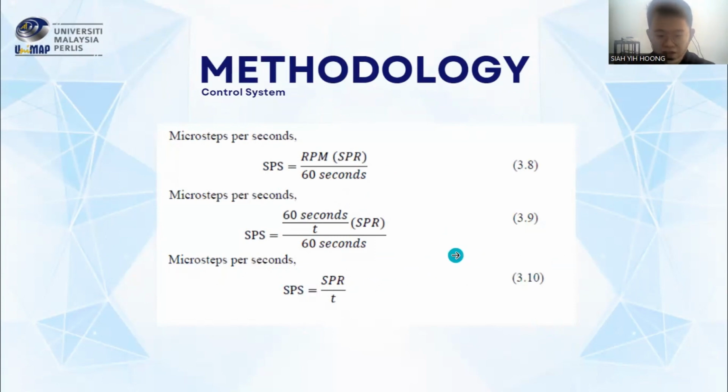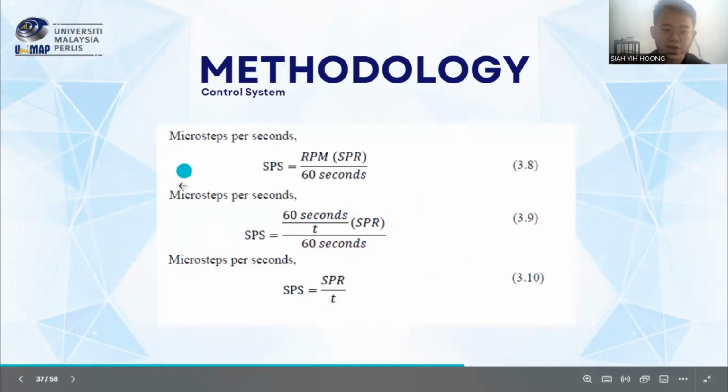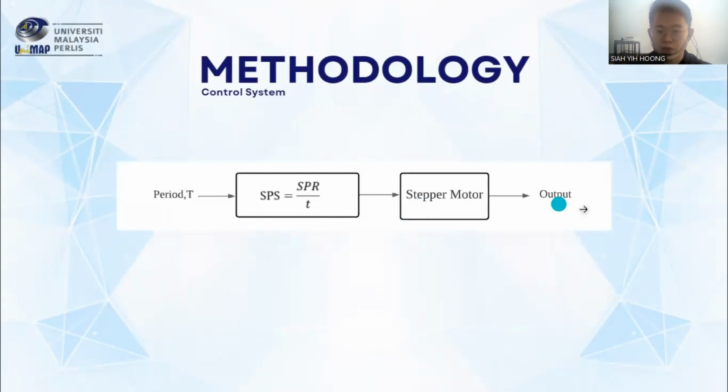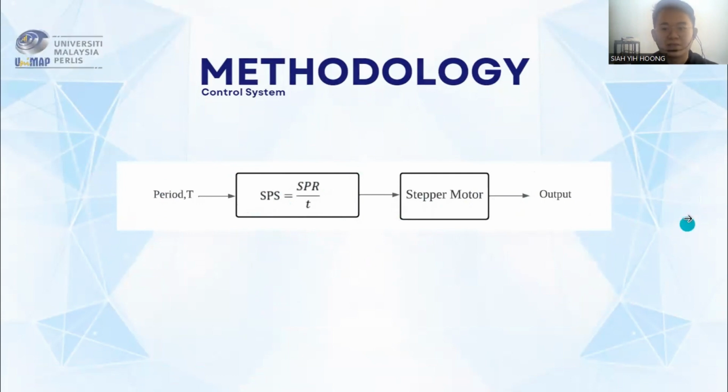However, we want to control it by setting how many periods the patient is breathing. So we have to derive these formulas, and then it will become an open loop control for the motor. So we set how many periods, and then it will be automatically calculated, converted into microsteps per second and sent to the Arduino Mega, and the stepper motor will rotate as per the periods that were set.